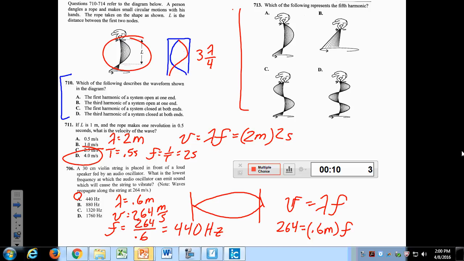Which of these represents the fifth harmonic in this closed open system? All right, just a few more seconds. I'll stop at 40.